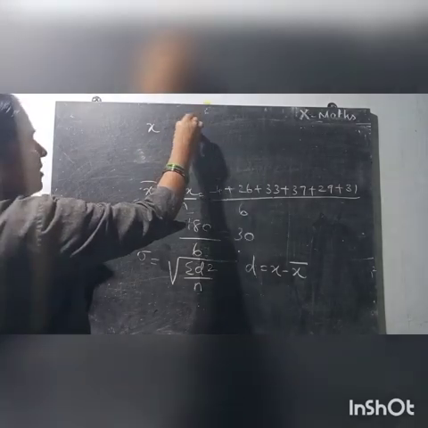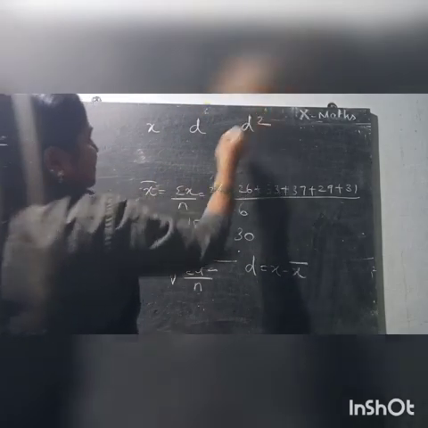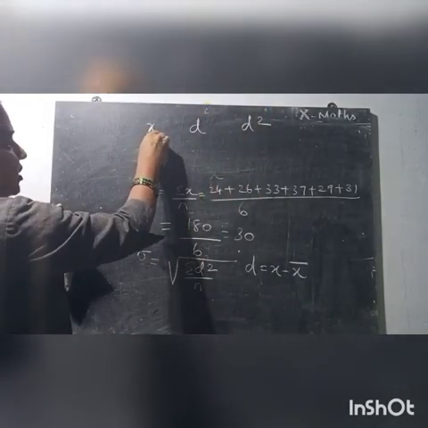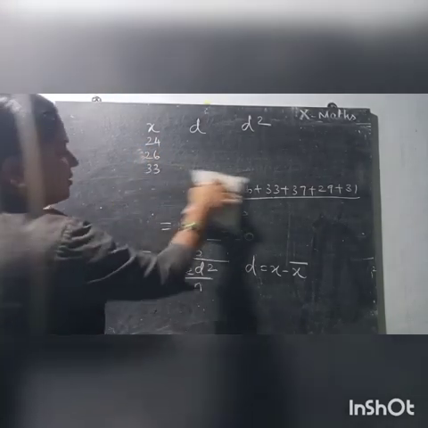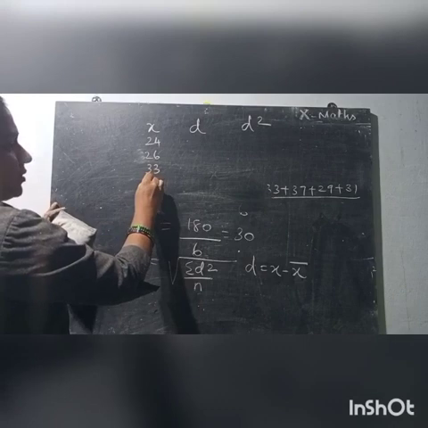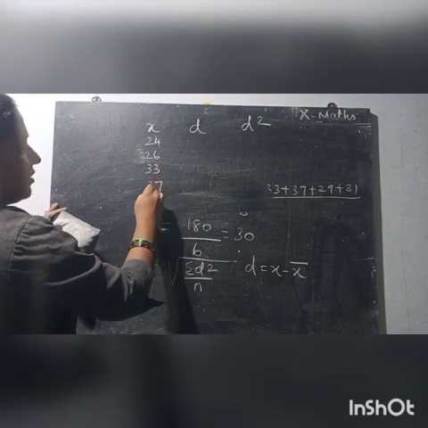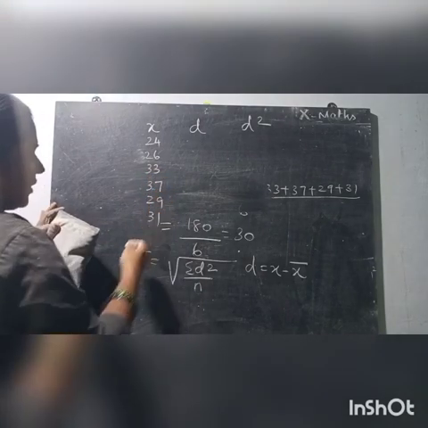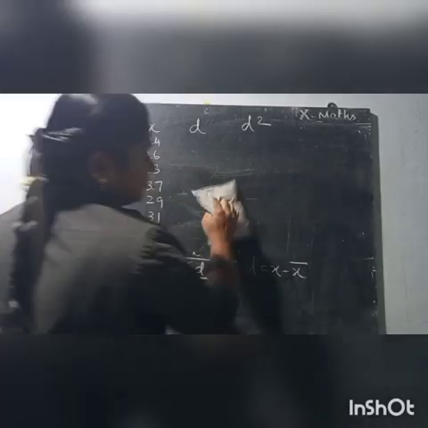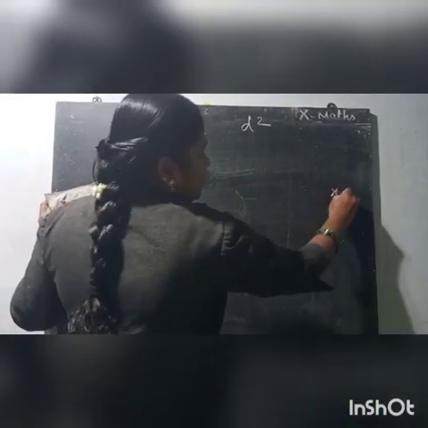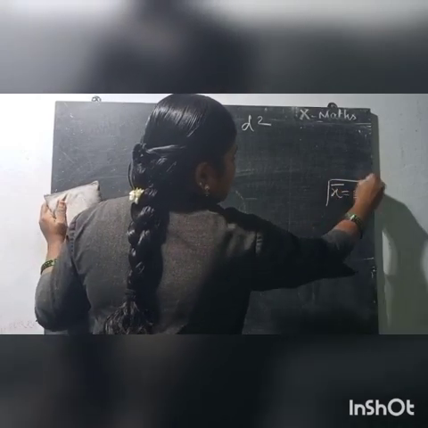Now x value, then d value, then d square value. See, x values are 24, 26, 33, 37, 29, 31. We got the x bar value as 30.